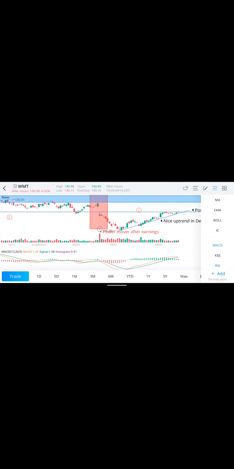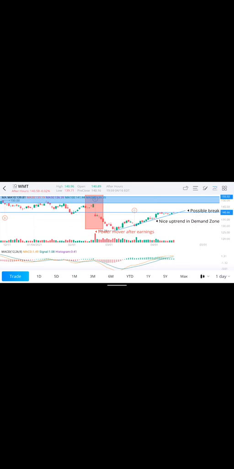So if I just put my MA lines in place right quick, you can see that Walmart is past most of my MA lines. And right here, it was at my 100 MA line. That's going to be like my next resistance at 141.44.